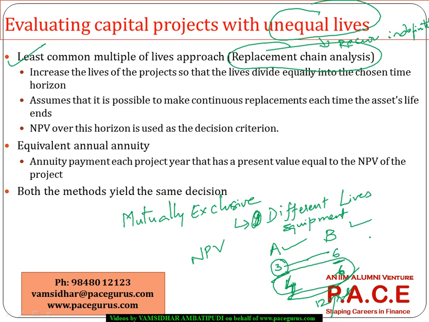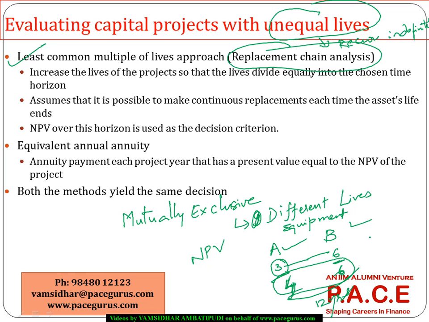Once that kind of timeline is drawn, you can go further and compute the NPV. That is what we call the LCM of lives approach. So you create a time period for both the projects such that the total length of the project is the same, by repeating the purchase n number of times so that it matches the LCM of both the lives, and then compute the NPV. That is the least common multiple of lives approach.